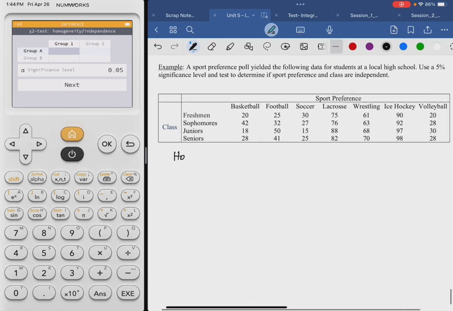So my null and my alternative hypotheses. You can do conditions first. I kind of go back and forth on that. Sometimes, like the last thing I see in the question is like the first thing I want to do on paper, and they're saying test the claim.